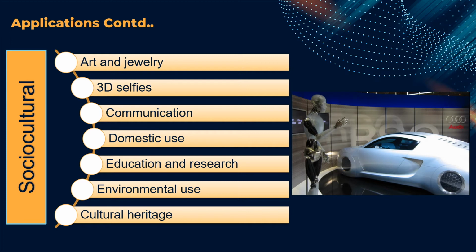Overall, 3D printing technologies have found usage in education and research areas as well, and for environmental purposes, and even in preserving cultural heritage and restoring it. So overall, there are some major uses and applications of 3D printers and the technologies. Day by day it's getting more adopted and utilized in various fields and areas.